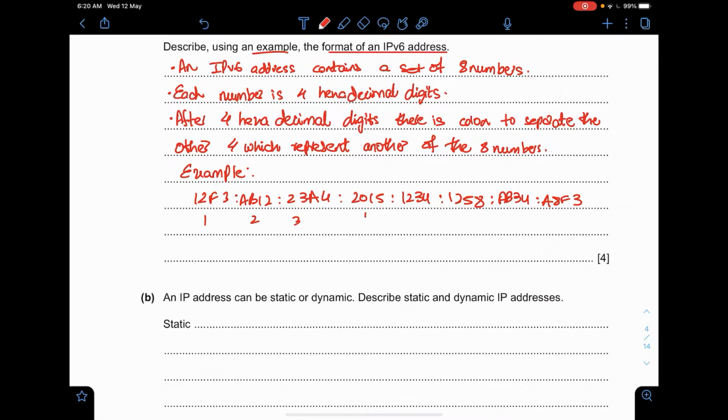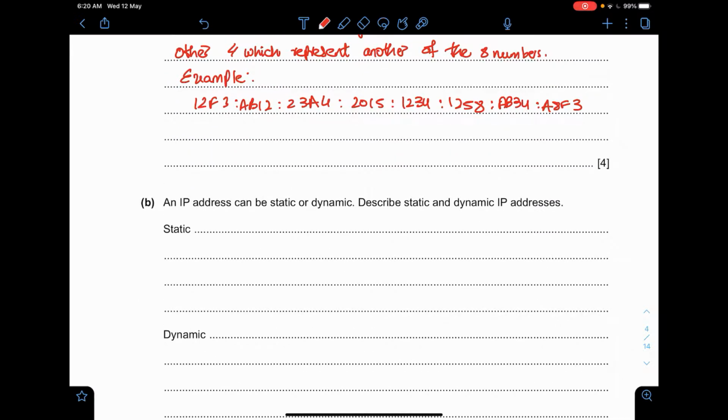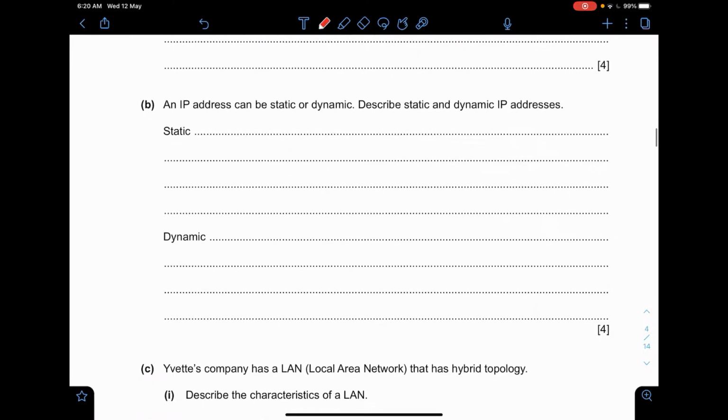In this example you can see that there are indeed 8 numbers and they are of 4 hexadecimal digits each, right? So I'm gonna erase this now. That is a valid example, and you need to know that hexadecimals only go up to F, so do not use any letters beyond F, right? Otherwise your example may be marked wrong.